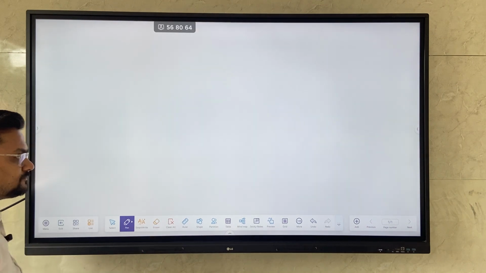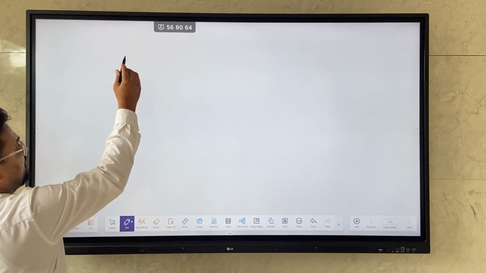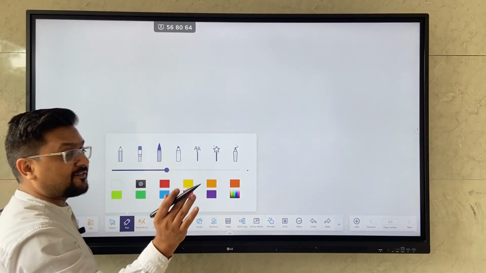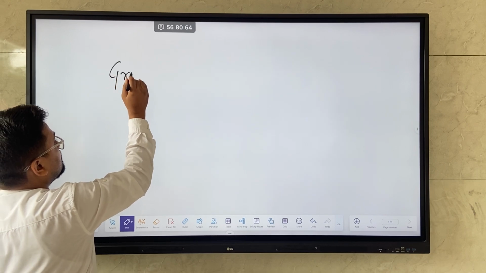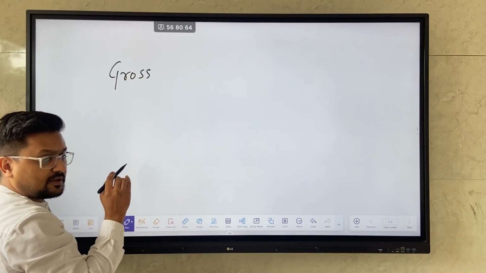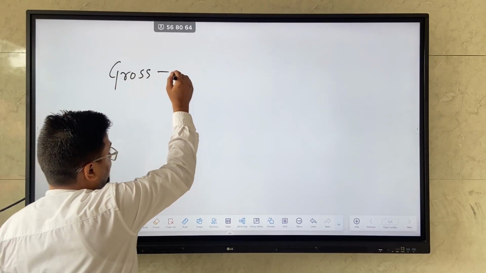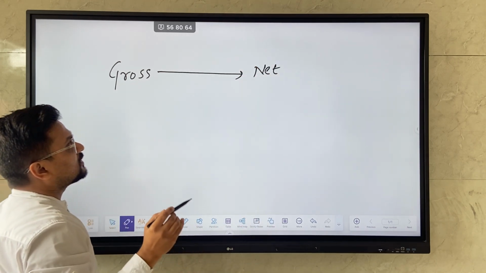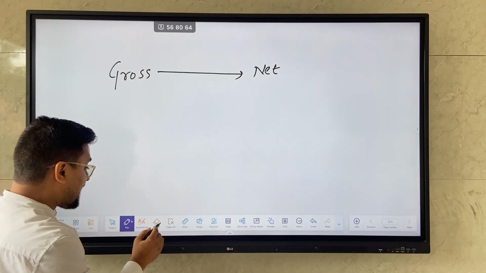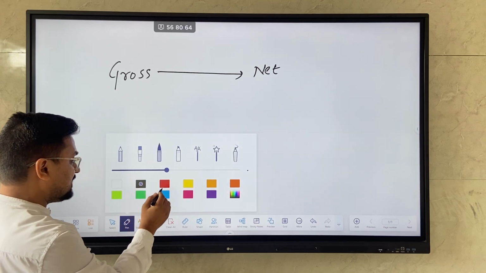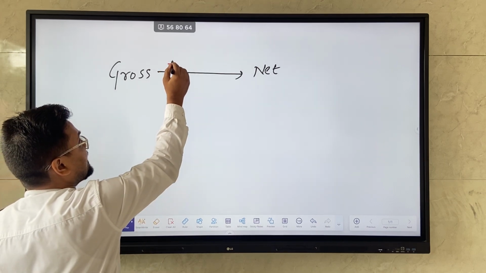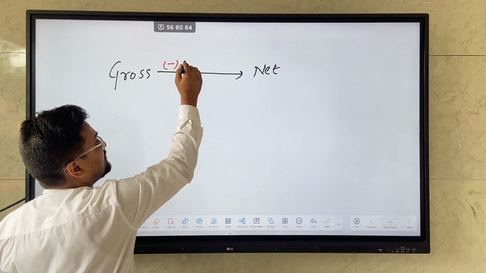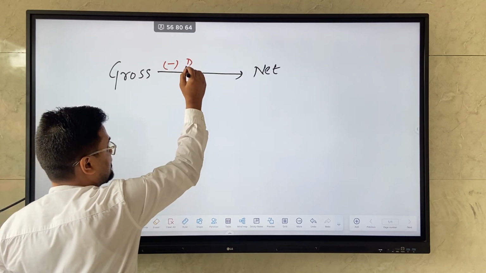Now for example, if we have the value in gross, okay, and we have to get it in net, what we are going to do is subtract. Okay, I'm using red color for subtraction. Red is for subtraction, that is subtracting depreciation.